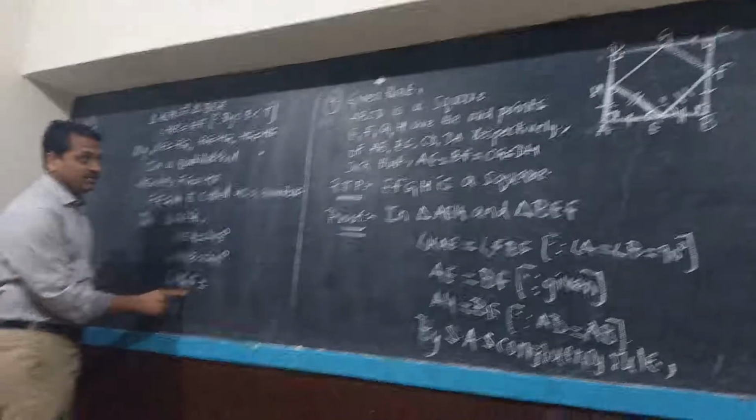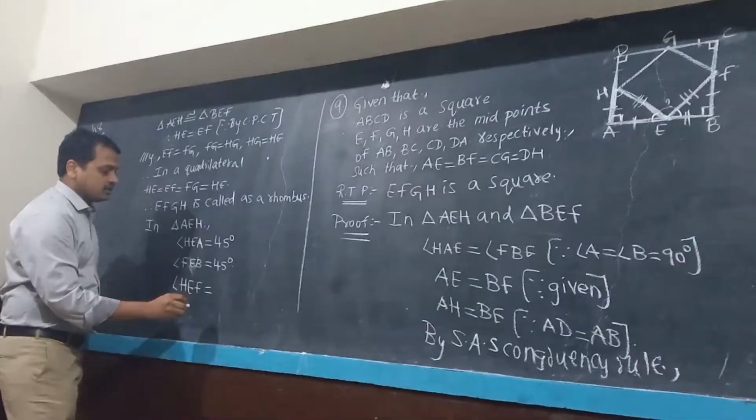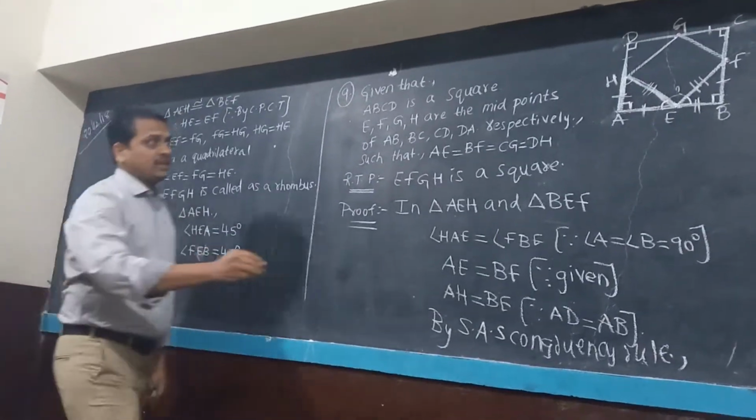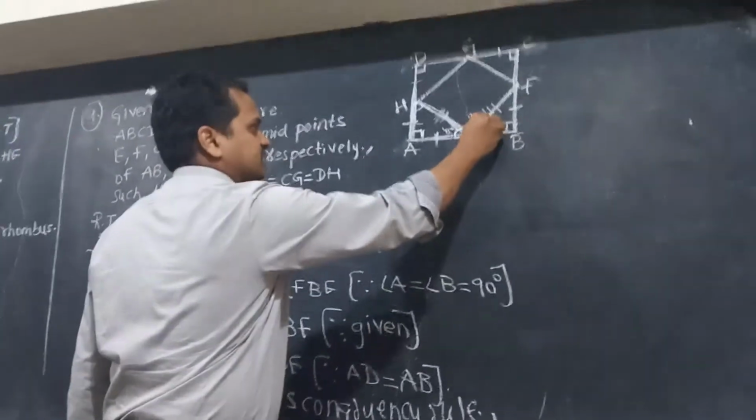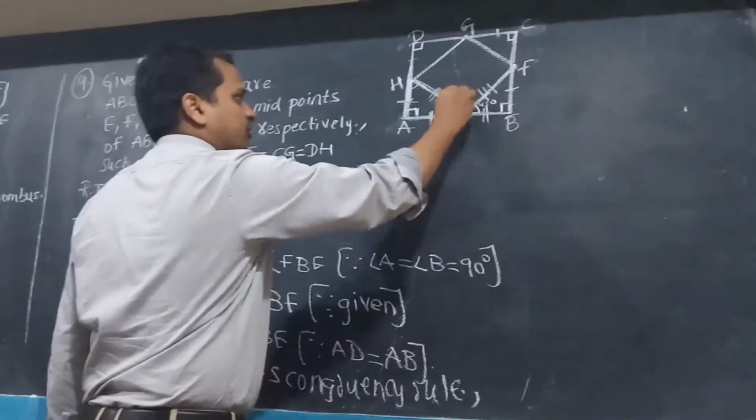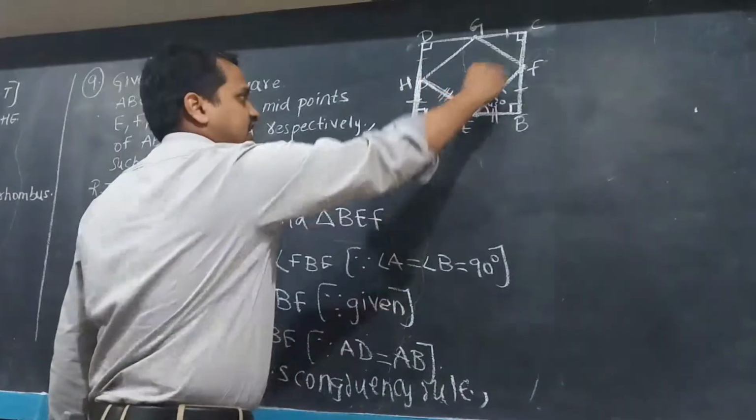So how much is angle HEF? It is forming a linear pair here. This is 45 degrees, this is 45 degrees. We need to find angle HEF.